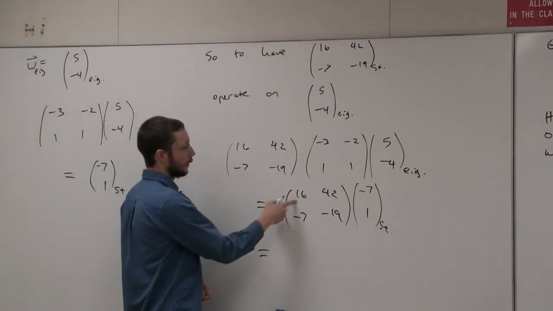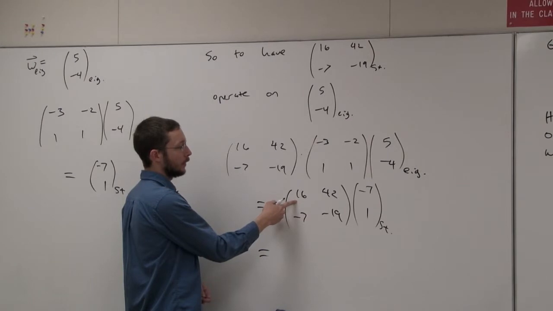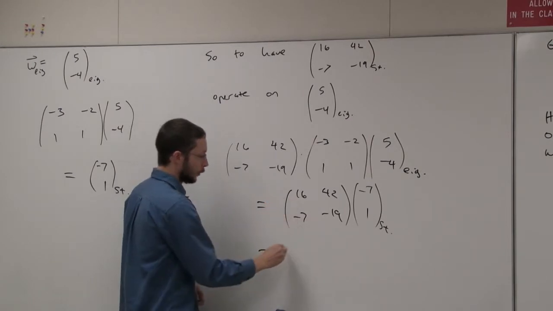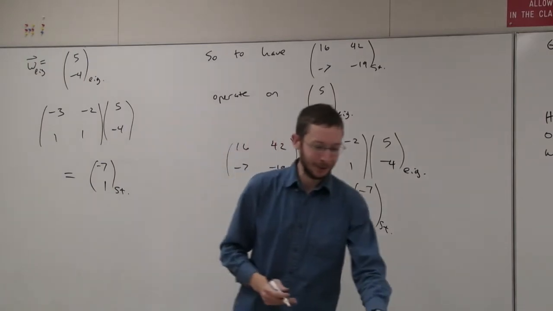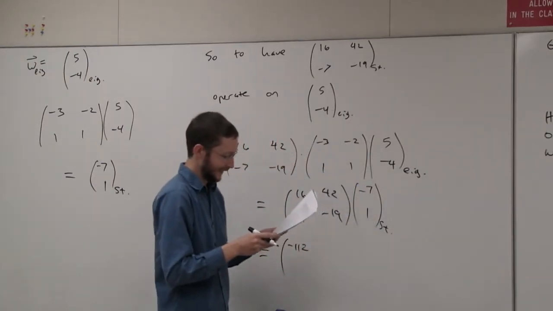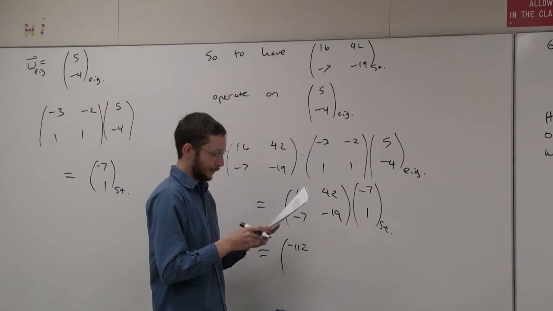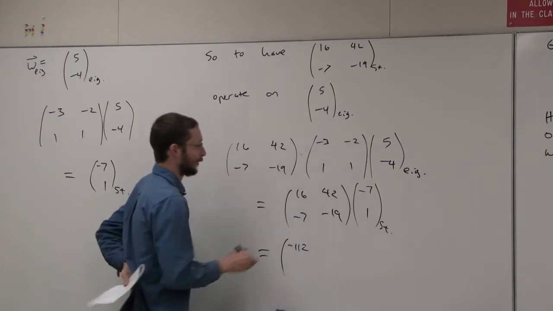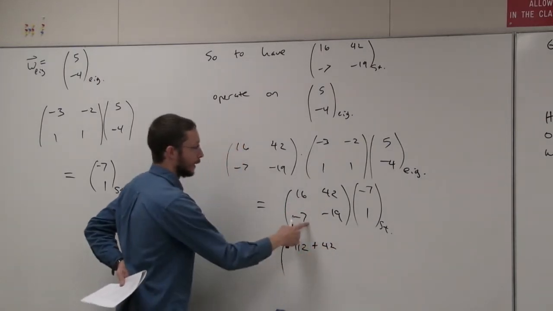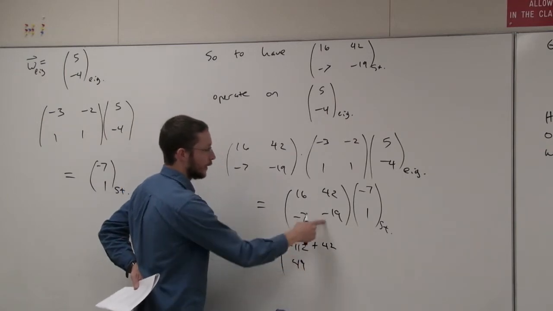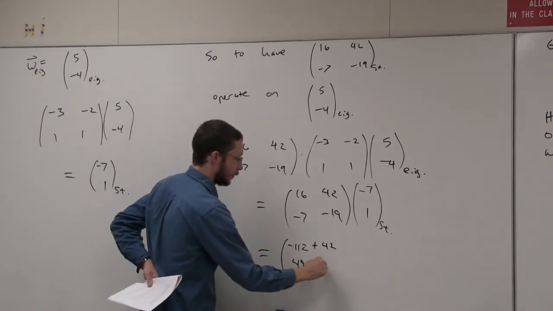And then we just multiply, right? 16 and 7 is what? -70 plus 42, so -112. Let me see if I did this in the notes so we can avoid some of the arithmetic. Looks like I did not do this in the notes. All right, so we're doing it by hand then. Plus 42, and then we're going to get 49, and -19.